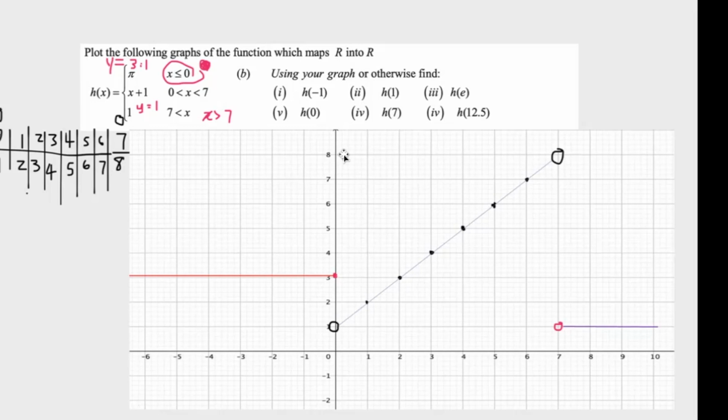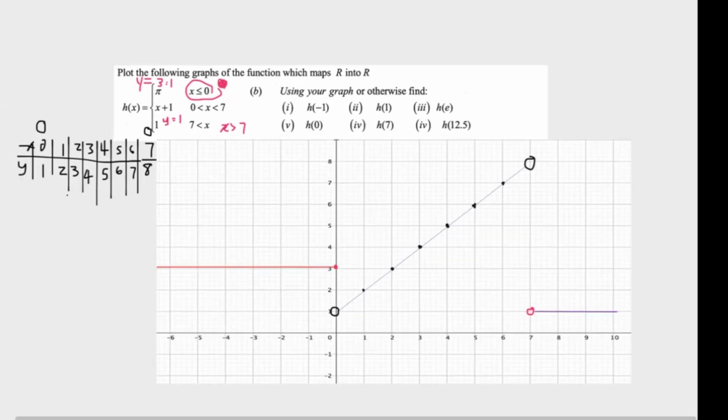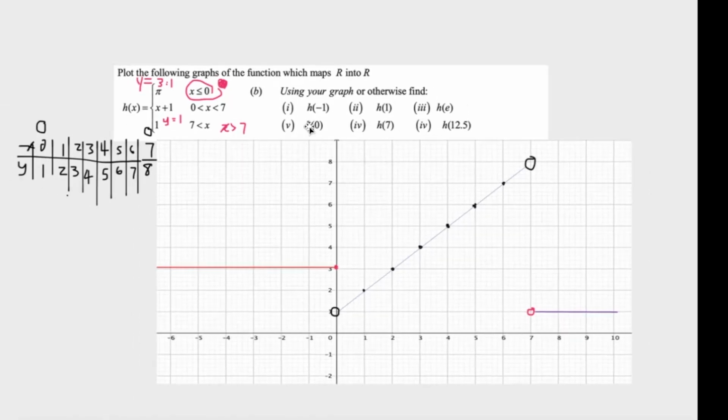and then we can look at the other parts where we can solve it otherwise. So if I'm going to solve this graphically, h of -1, you look for x equal -1.